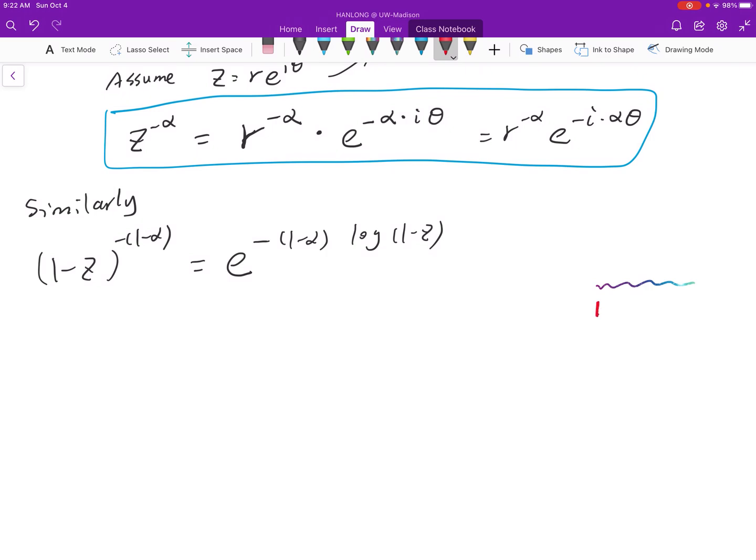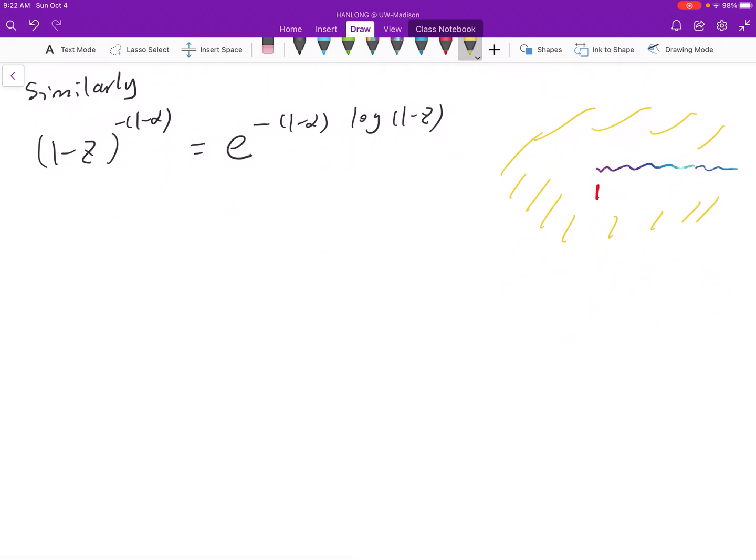You get rid of the half line on the real axis, starting from 1 to positive infinity, and then your domain is the remaining part.